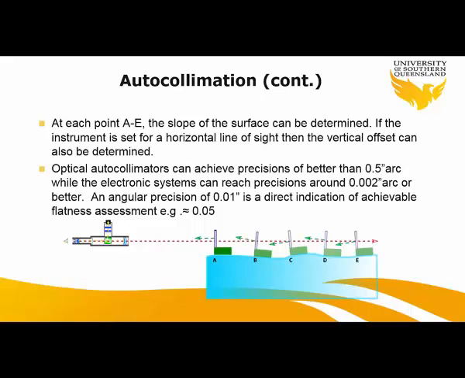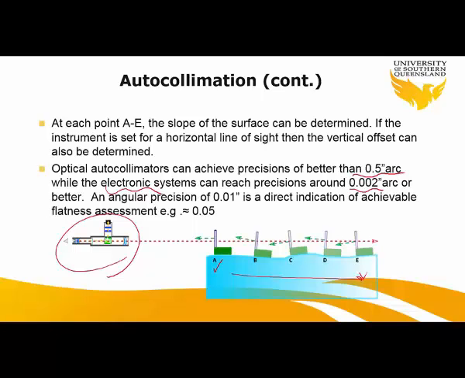The example of the application of autocollimation is shown here. You can see points A to E in this picture. We have autocollimation here, so we set up the line of sight and then we can find a deviation from the line of sight for each of these stations, and the accuracy we can get is very good. For an optical or analog autocollimator, we can achieve a precision of half a second of arc, while for the electronic one it is even better, a millisecond or 2 milliseconds of arc, which is very good.